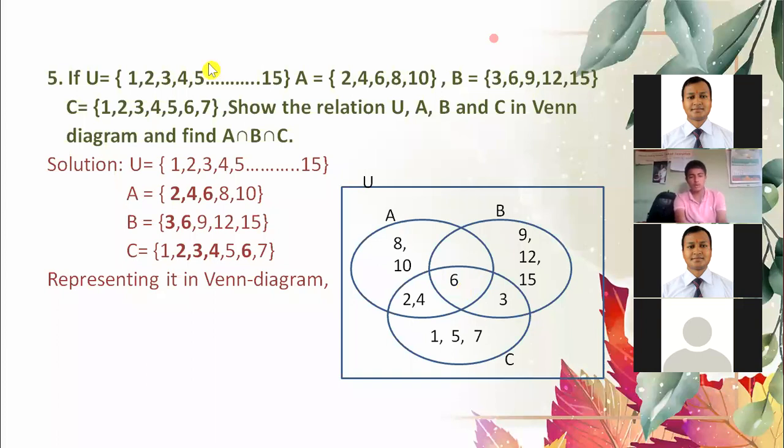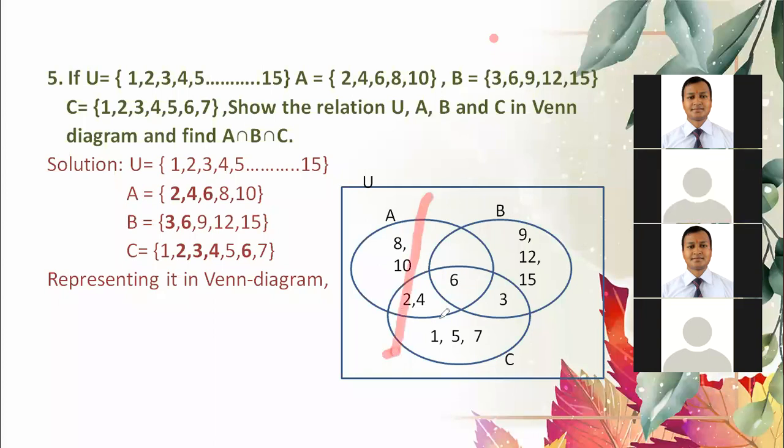Its complement. Complement of A intersection B intersection C is represented by the portion other than the 6. The outer portion outside the 6 represents A intersection B intersection C complement.